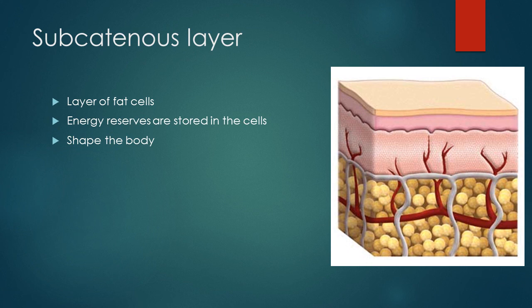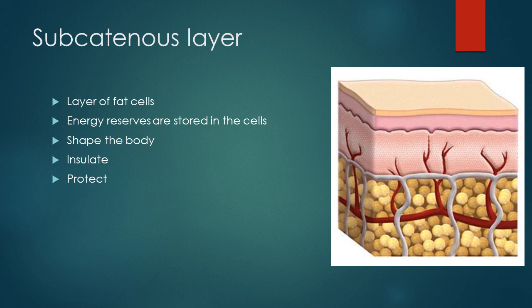Besides that, a fat person has a very different body shape than a person who has a very low percentage. So it shapes the body. It keeps us warm and cool. A person with more fat tissue keeps him or herself warm longer, but also keeps cool longer.